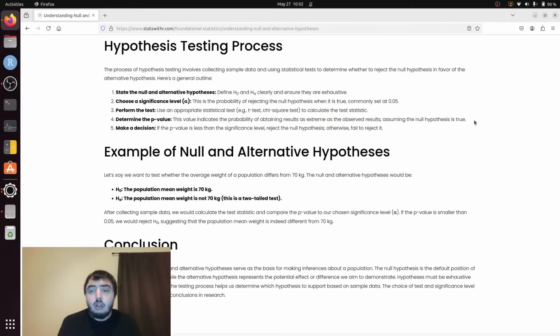You most likely use statistical software, so that would simply be given to you. If not, you have to go look it up on a table and find the corresponding probability. And then if the p-value is less than the significance level, reject the null hypothesis. Otherwise, fail to reject the null hypothesis.